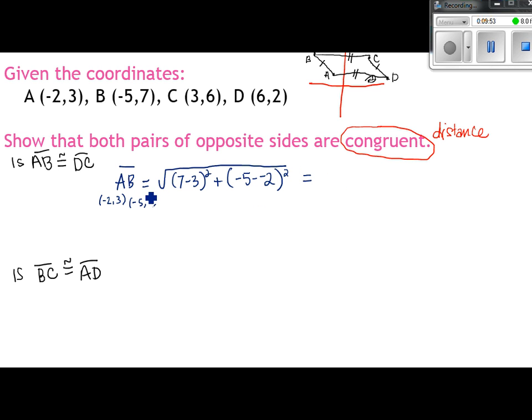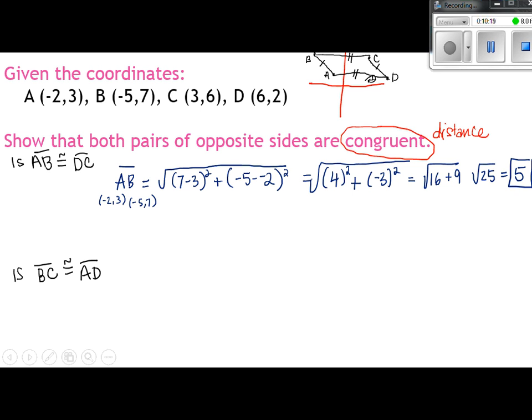So this is 7 minus 3, which is 4 squared. Don't forget the square root. Plus -5 minus -2, that makes a +2, so that would be -3. Okay, and 4 squared is 16, and -3 squared is 9, and 16 plus 9 is 25, and the square root of 25 is 5. So the distance of AB is 5.